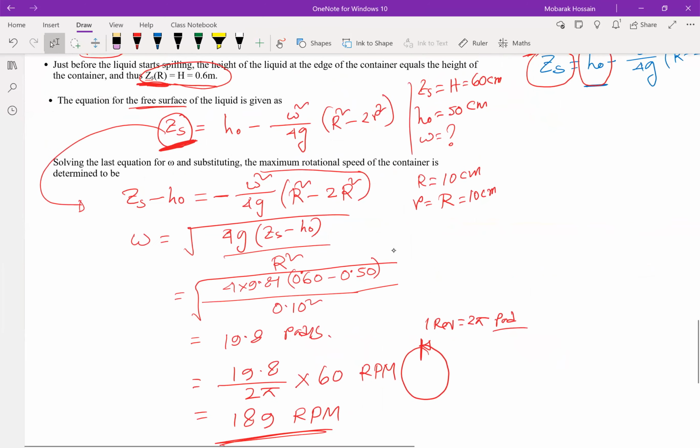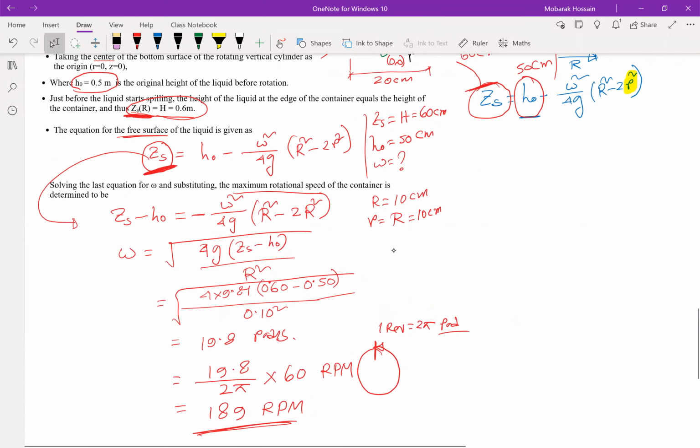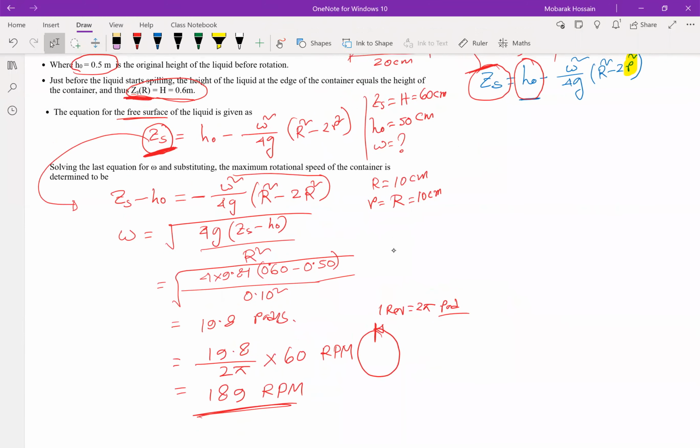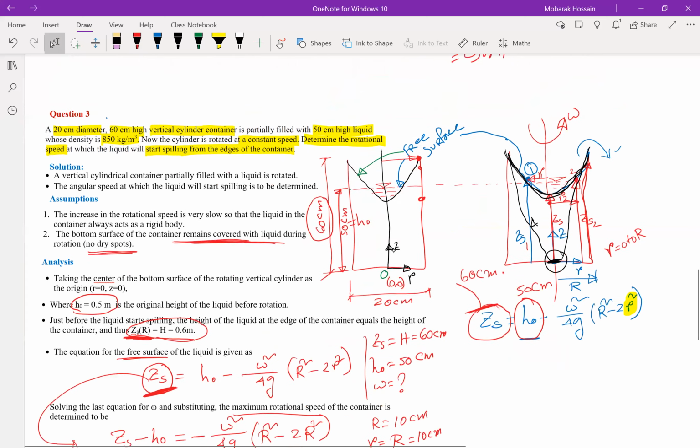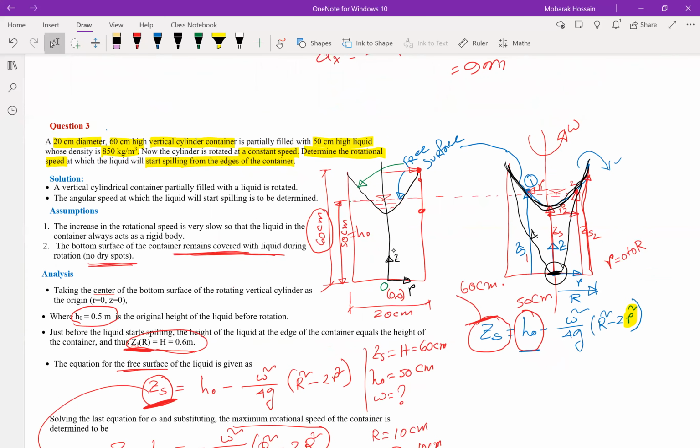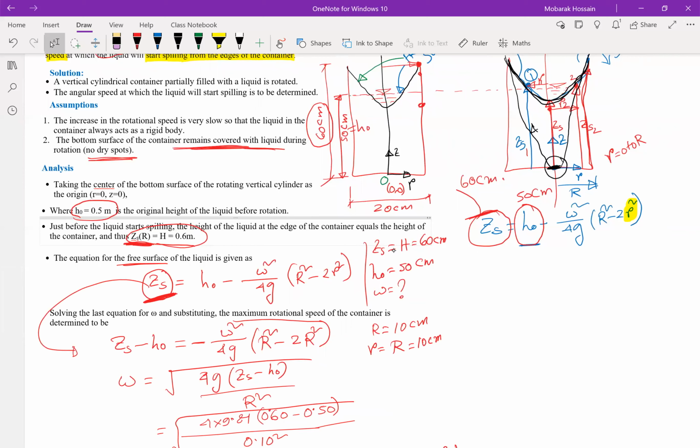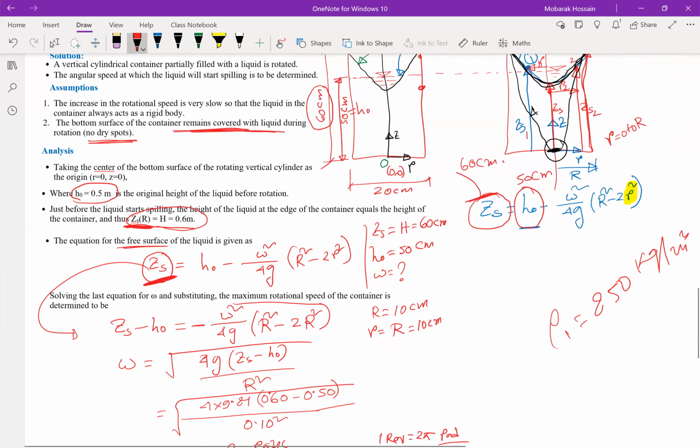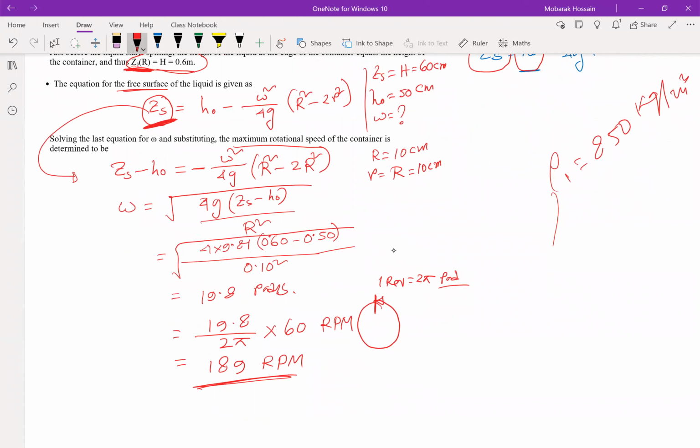Okay. Now you can see they give us the density. My question is, if you put another type of fluid, will the same thing happen or will it be different? So say fluid 1, density given as 850 kg per meter cube. If you rotate at this speed, it will start spilling.